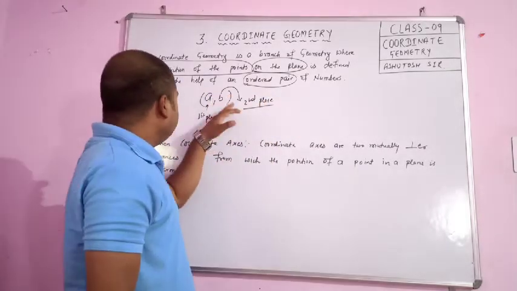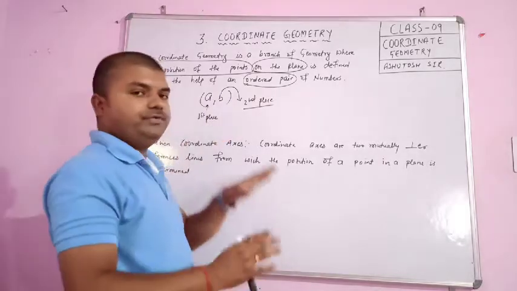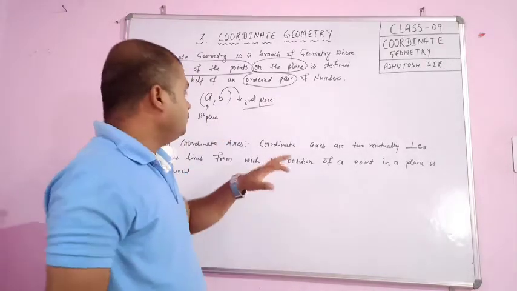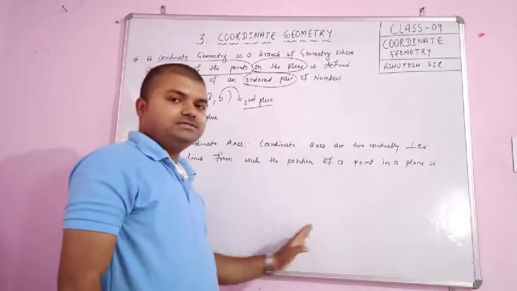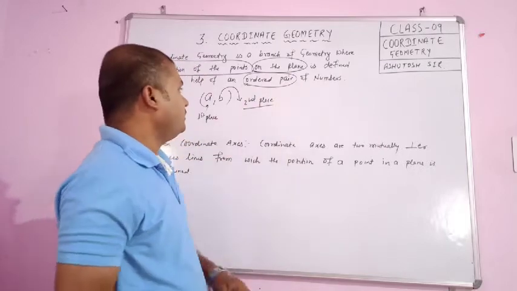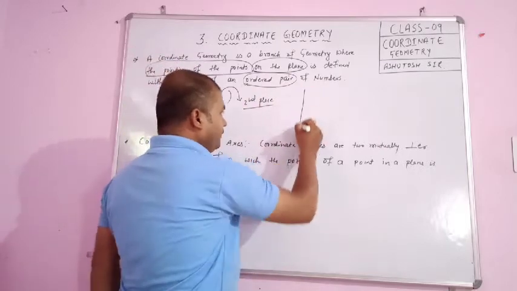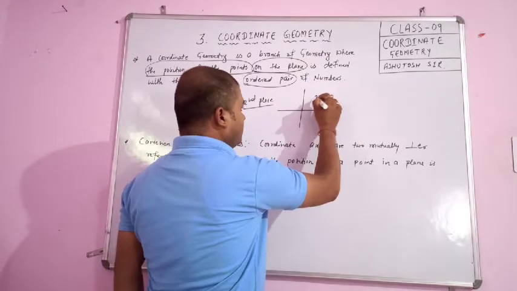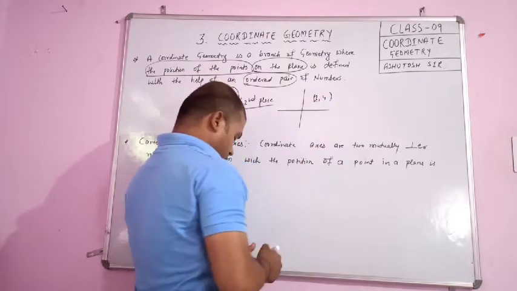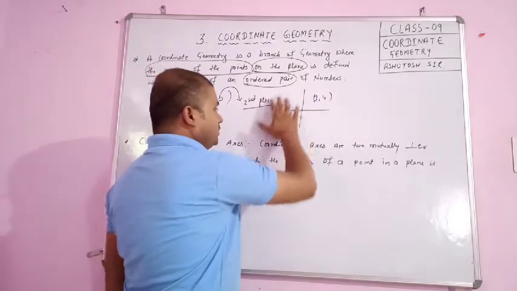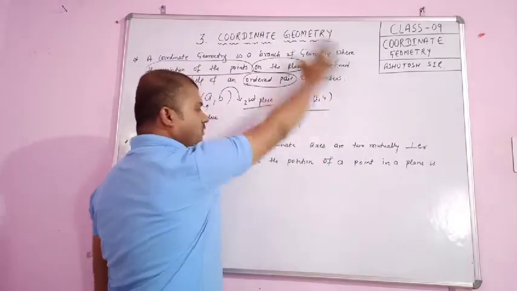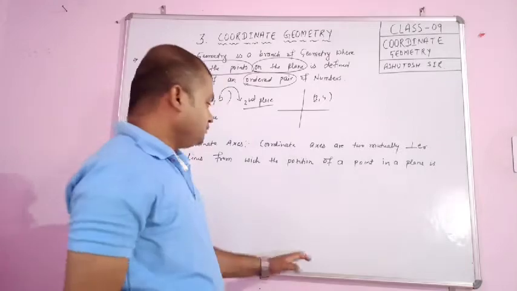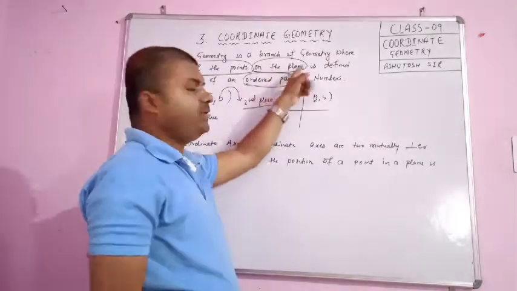The surface on which you draw these points is called the plane. Suppose we draw a Cartesian plane with the point (3, 4) on the board, then this board is known as the plane.